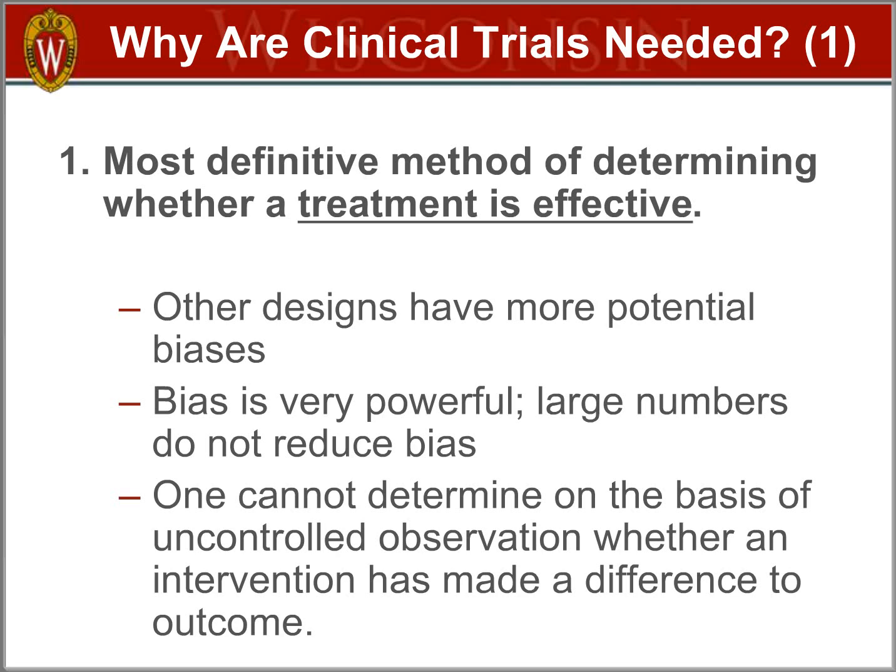Bias is very powerful, and a hard lesson to learn is that large numbers, large studies, do not necessarily reduce bias. It reduces noise, but it may not reduce bias. And the frustration is that one cannot determine on the basis of an uncontrolled study whether the intervention has made a difference or not because of biases and confounding factors.